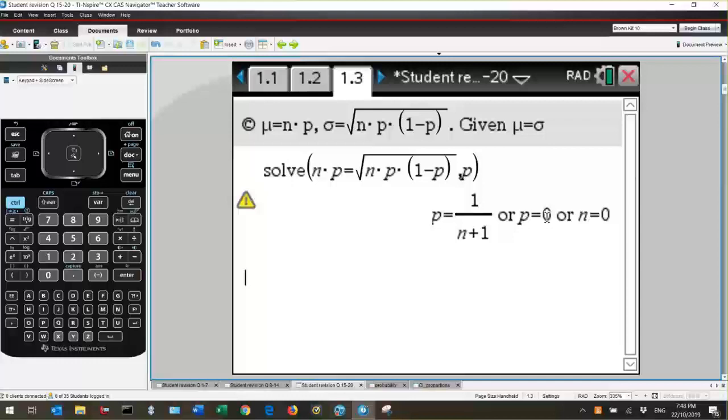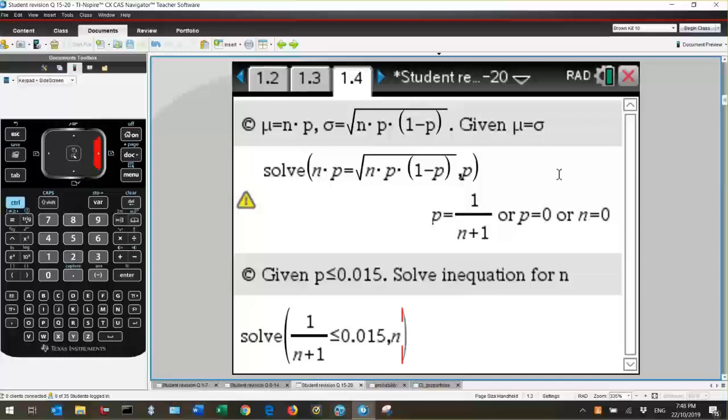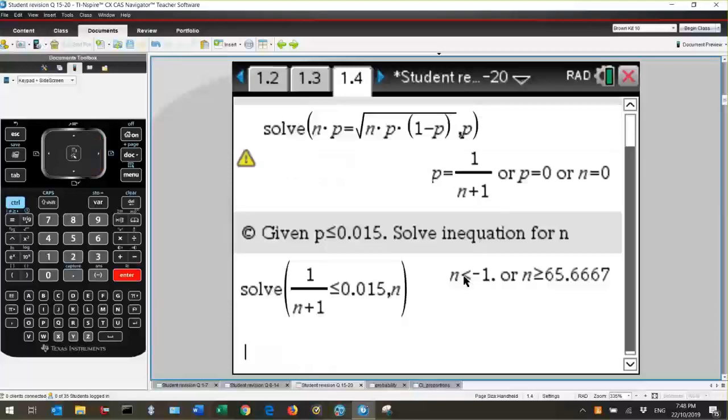So we need p to be less than or equal to 0.015. So in other words, instead of p, I can replace the p by 1 over n plus 1. I solve that for n, and obviously you can't have a negative number of trials, so n has to be greater than or equal to 65.6 recurring.